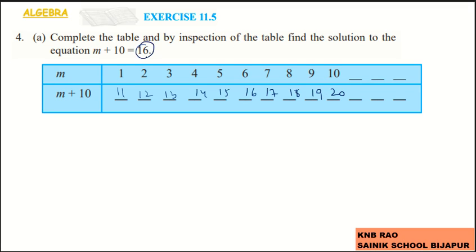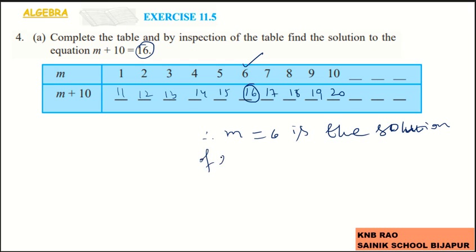Here right hand side 16, that means only m equals to 6 satisfies this equation. Therefore, m equals to 6 is the solution of the equation m plus 10 equals to 16. This is how we do.